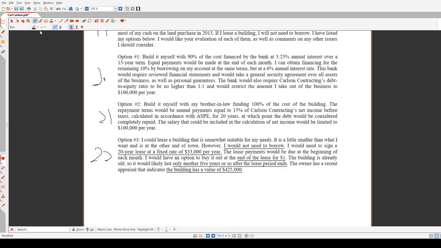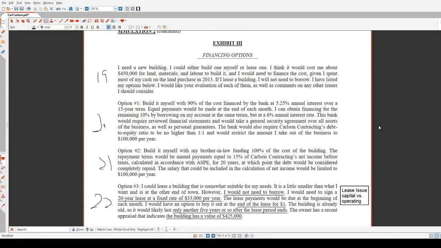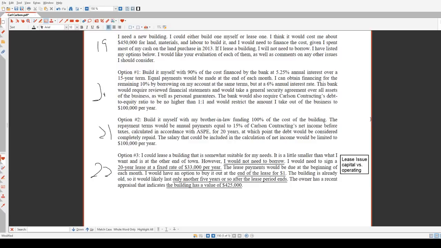So, I'm going to write here lease issue, capital versus operating. Okay, so assuming I've gone through and read the case in detail, this is what I would go about doing, right? I'm just doing sections of the case based on the component of what we're going to focus on. So the next thing we're going to do, I'm actually going to try to open a Word document and write this with you guys.